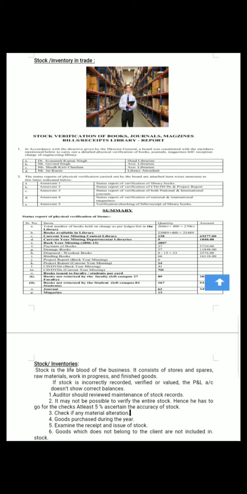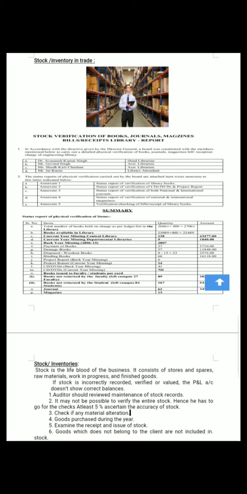It should be distributed through the proper channel to the production or manufacturing department by the stock department. So the auditor should examine how effectively the management controls the receipts and issues of the stocks.